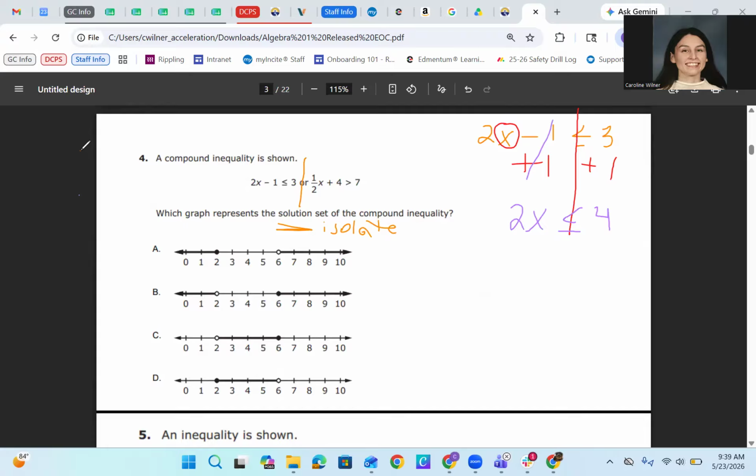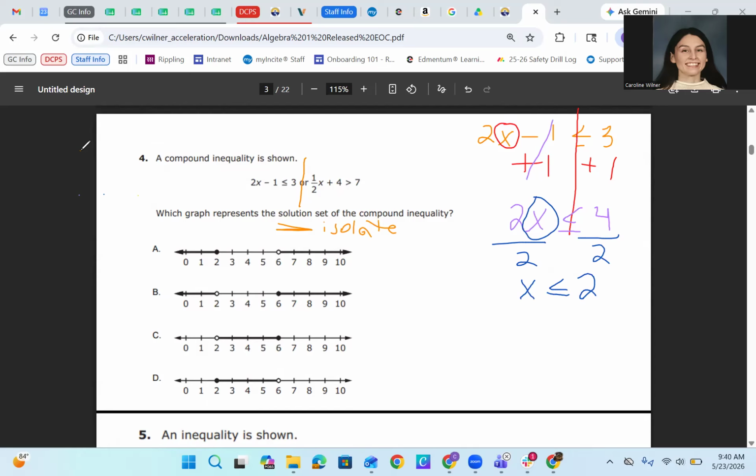Opposite of multiplication will be division. Dividing by 2. Drop down what I didn't touch, so that x, which again, if you wanted to have it circled, you could. Drop down that sign, it stays the same here, and I simplify. 4 divided by 2 gives us 2.